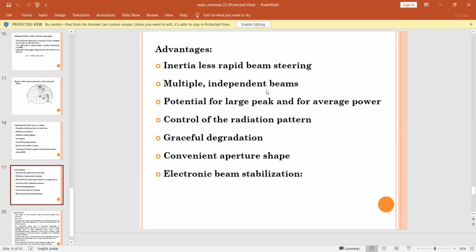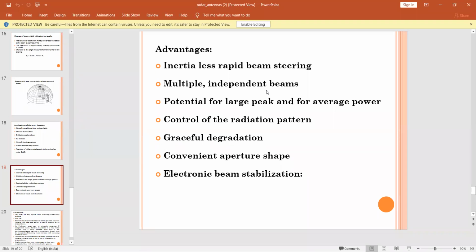The beam from one array can be scanned or switched from one position to another position, in short time limited by the switching speed of the phase shifter. Typically, the beam can be switched in microseconds, which is considerably short. This is one added advantage.